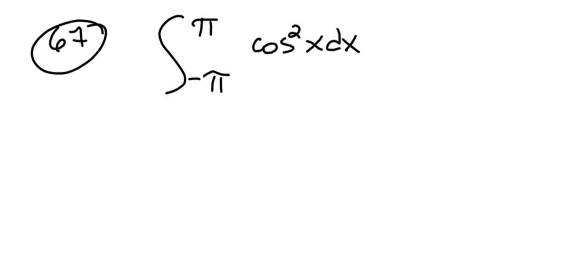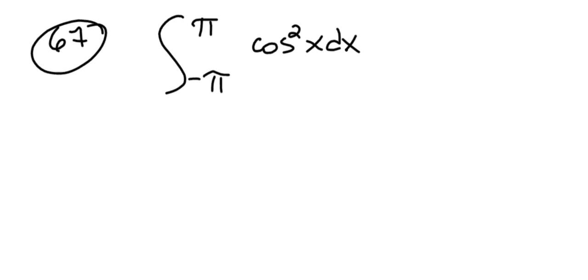We have the integral of cosine squared of x dx, and we do not know any antiderivatives for cosine squared. Since it's a composite function, I'd have to do u substitution for this one. But I don't know if it would work out with the same answer. There's got to be an easier way.